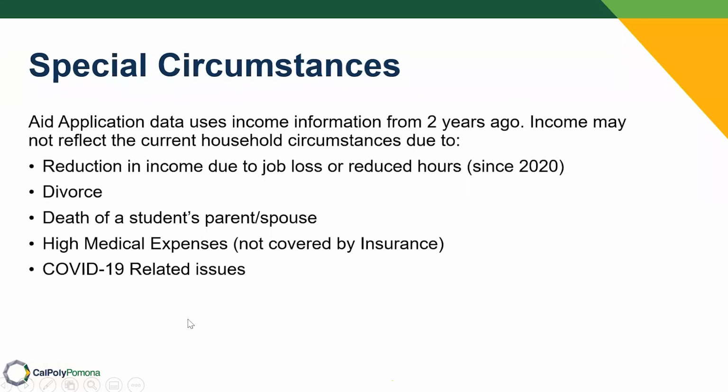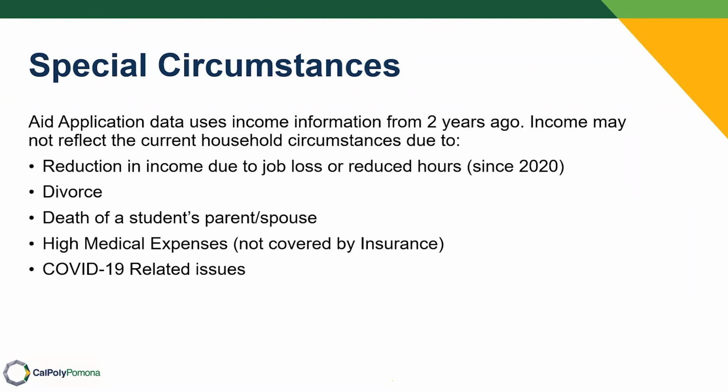We also take into consideration special circumstances that may occur within a household. Because the application uses information from 2 years prior, the 22-23 application used 2020 income, and that may not reflect your current household circumstances.